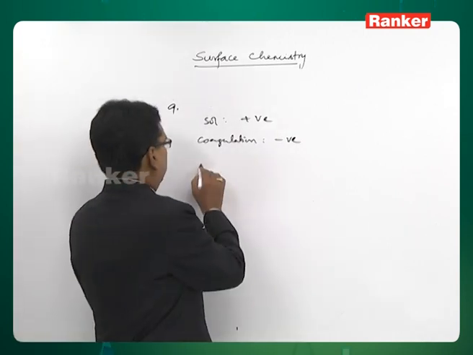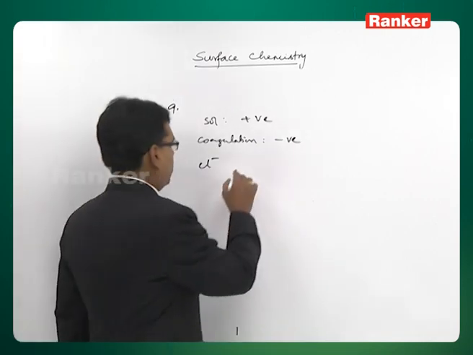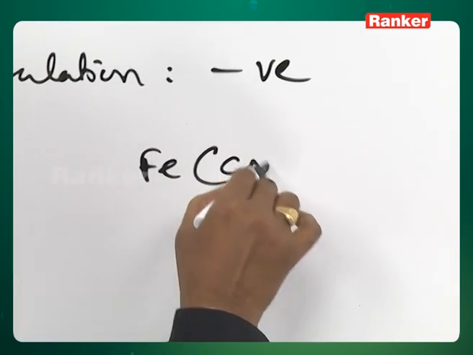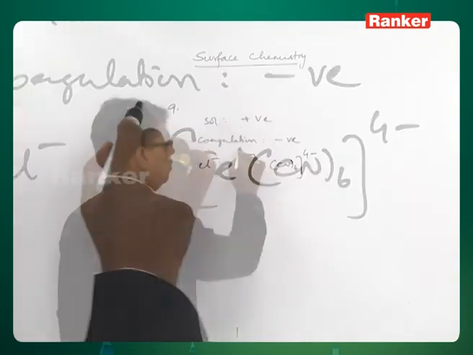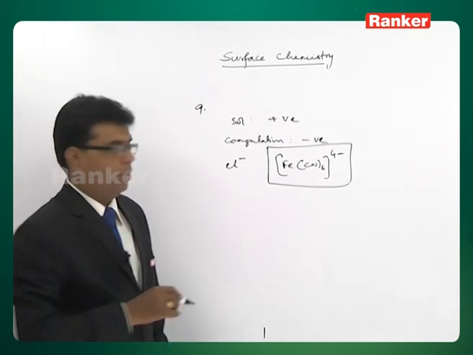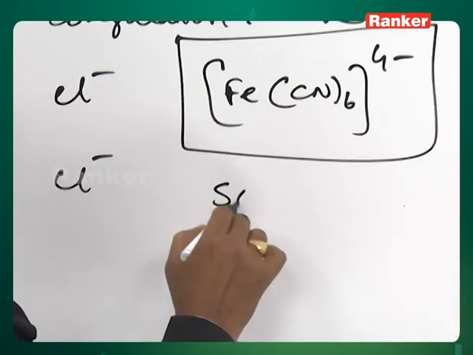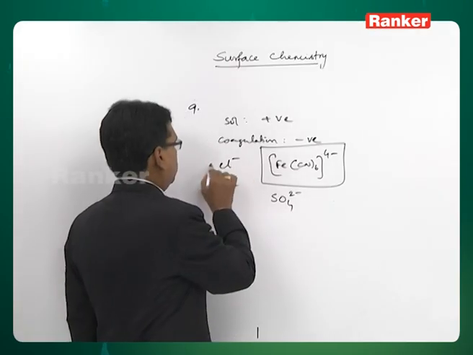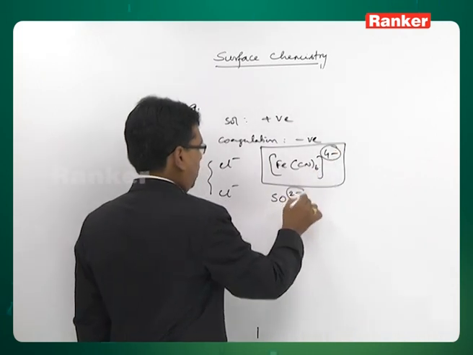Cl minus has a negative charge, but it is the least negative charge. Ferrocyanide ion has the highest negative charge, so it will have the highest coagulation power or least coagulation value. ZnCl2 again has Cl minus, and Na2SO4 has SO4 2 minus. These two are minus 1 charge, this is minus 4 charge, this is minus 2 charge.